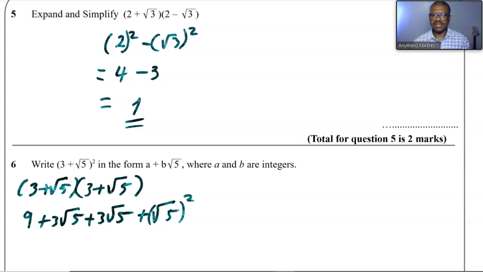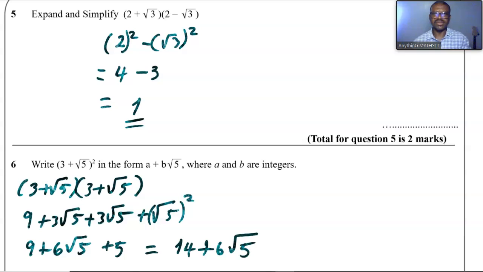And we're going to get 9 plus 6 root 5 plus 5. When you simplify, we're going to get 14 plus 6 root 5. So we can see that it's in the form of a plus b root 5, where a is 14, b is 6.